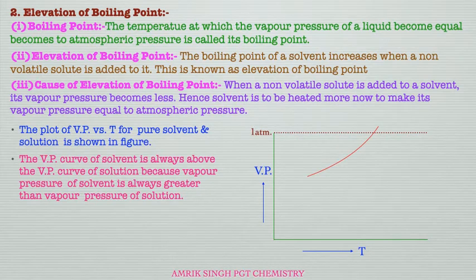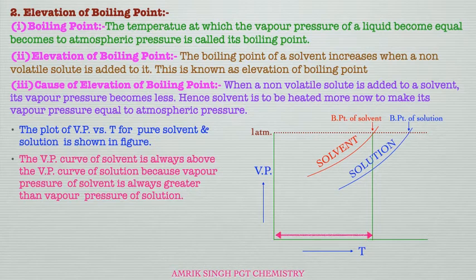The first curve is for solvent, the second is for solution. T naught B is the boiling point of pure solvent, TB is the boiling point of solution, and delta TB is the elevation in boiling point.